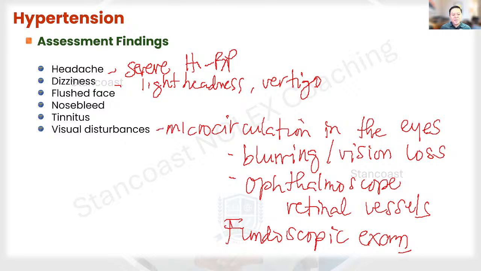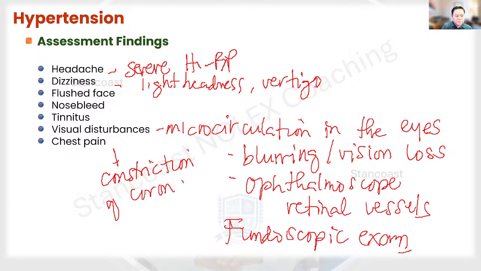Now, in some cases, the person will probably end up with some chest pain. The reason for that is because the hypertension can also lead to constriction of the coronary arteries, or simply because the heart is exhausted, it's doing a lot of work.